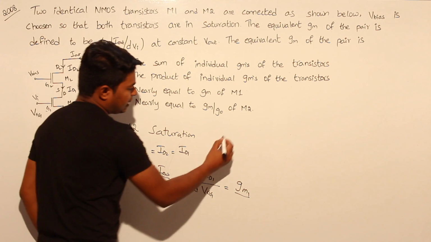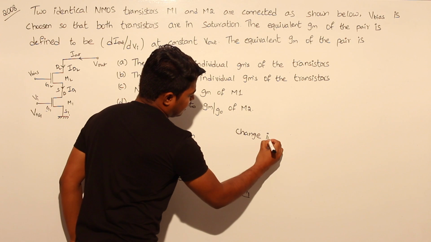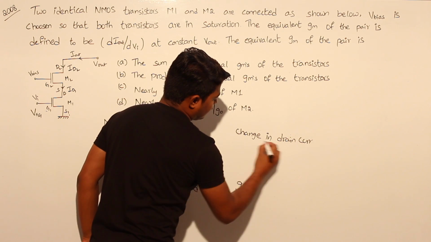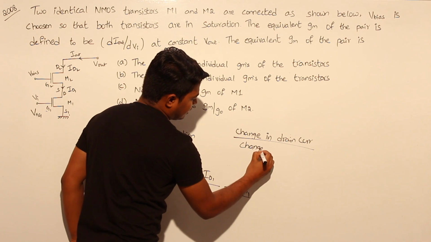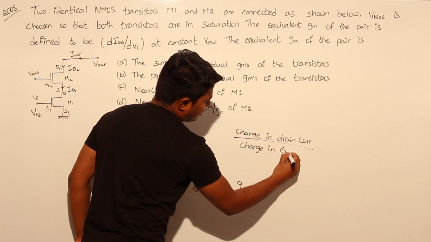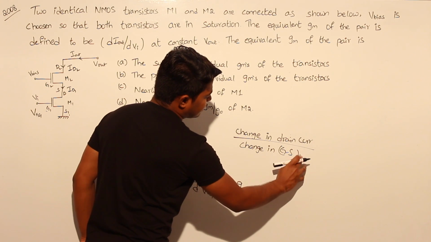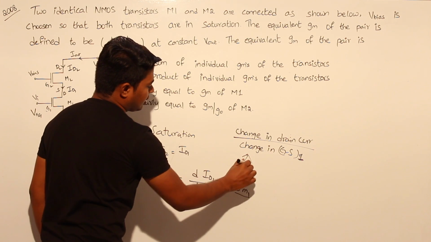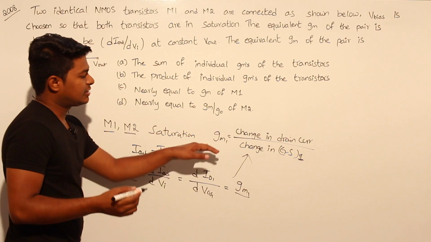This is nothing but the change in drain current to the change in gate to source voltage of the first transistor. That is actually nothing but the definition of GM1, that is transconductance.